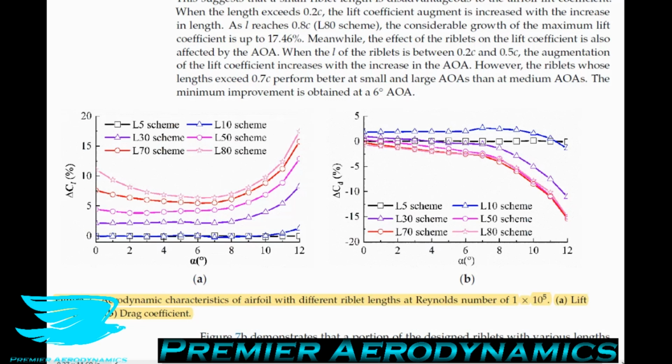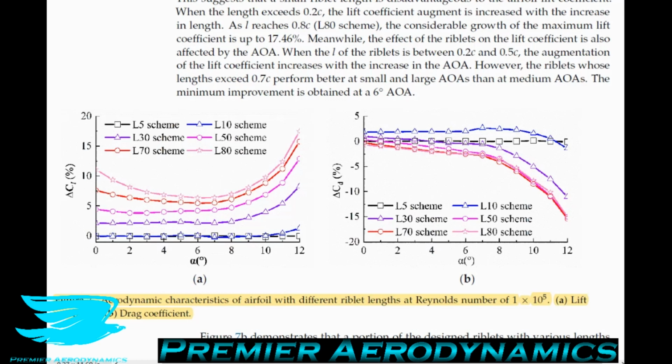The change in the drag reduction is not constant with riblet length though. When the length is 10% of the chord, the drag reduction capacity of the L10 is worse than for L05. So in other words, if you have a riblet length of 5%, the drag reduction is about 0%.